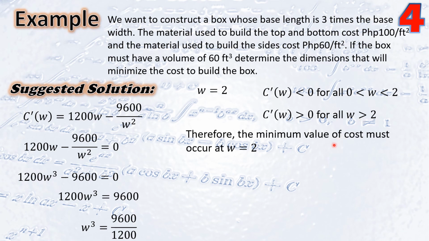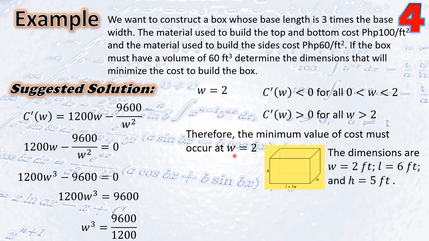Therefore, the minimum value of cost must occur at W is equal to 2. Hence, the dimensions are width is equal to 2 feet, length is equal to 6, that is from 3 times W, 3 times 2 is 6, and H is equal to 5 feet.